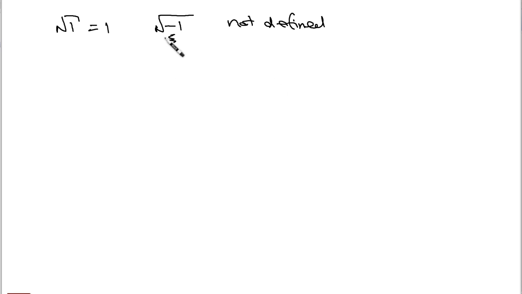Basically the square root of any minus number is not defined, because again there is no number that you can multiply by itself to give you a minus. To get a minus number from 2 numbers, one of them has to be positive, one of them has to be negative. That's simply not going to happen. So for a square root, all minus numbers are not defined.